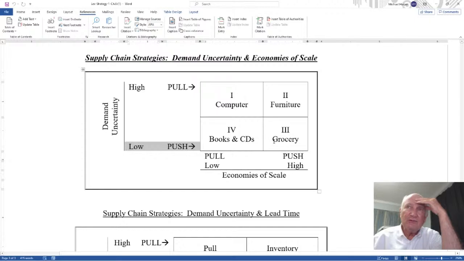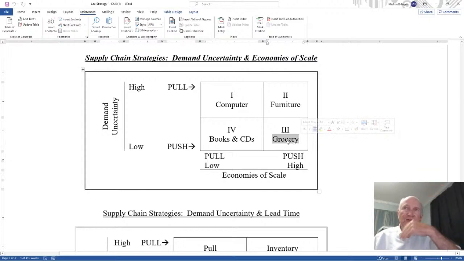On the other hand, groceries, you have low demand uncertainty. You pretty much know the groceries are pretty consistent. It varies seasonally, but usually it's fairly consistent, but high economies of scale. So that's really a push system down here.